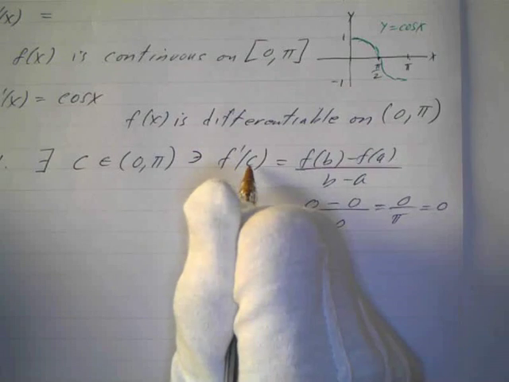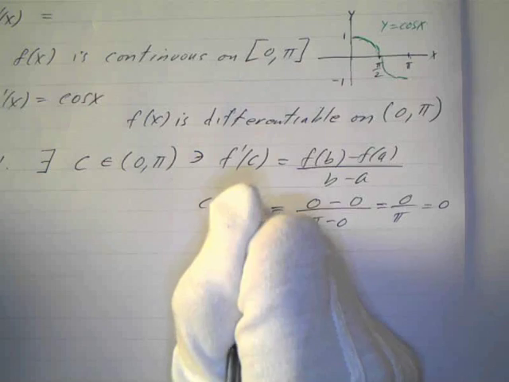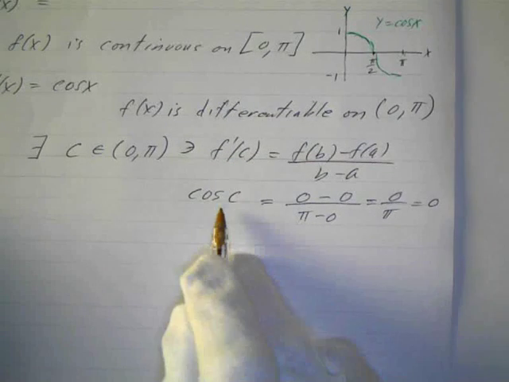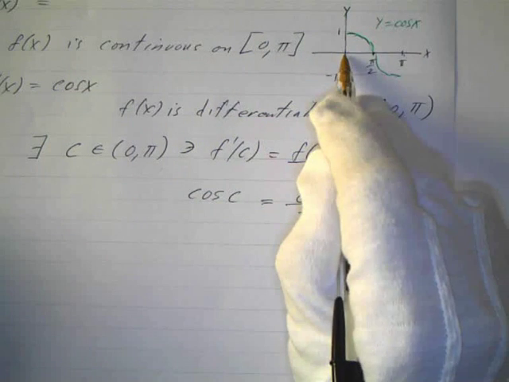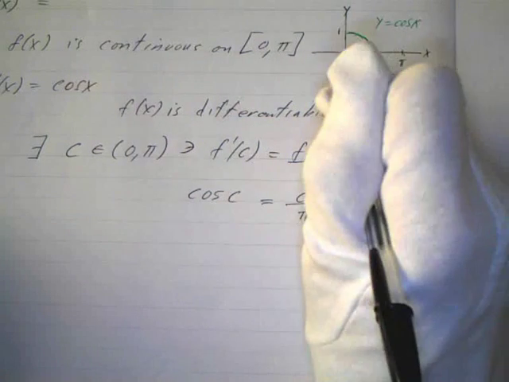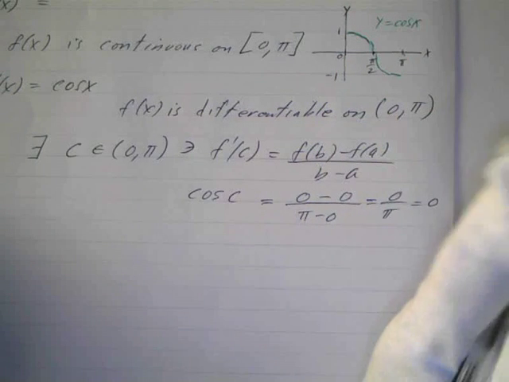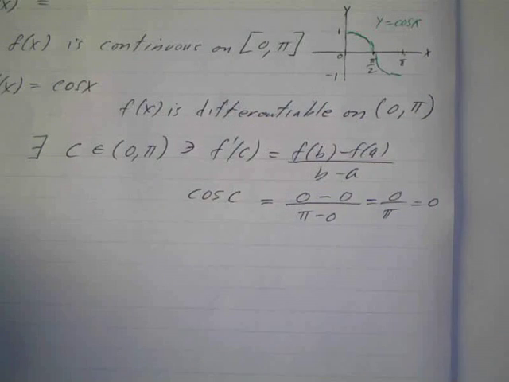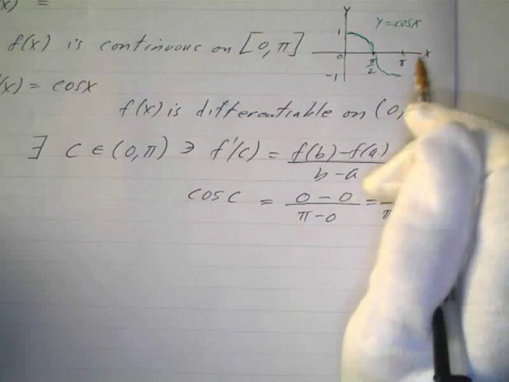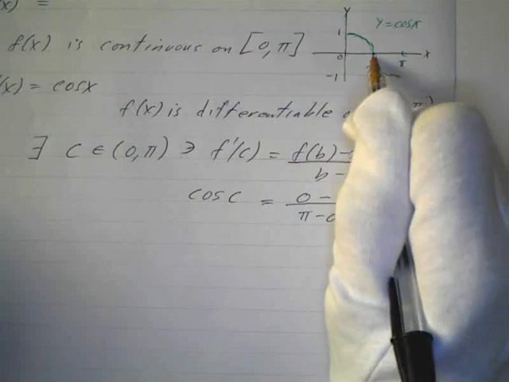And f prime of c, well, the derivative is a cosine, so that's just going to be the cosine of c. So the cosine of what value in this open interval is 0? Well, if we look at the open interval, the cosine, between 0 and pi, the cosine is 0 at pi over 2.